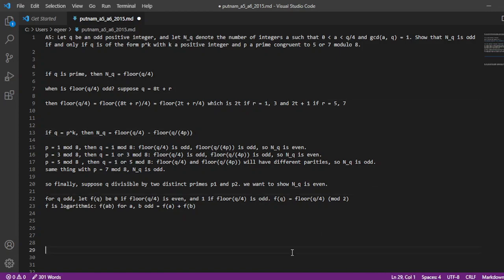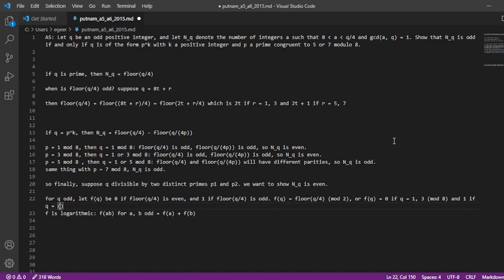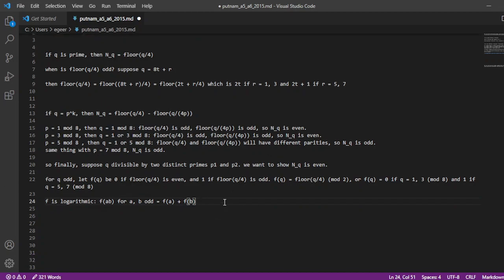And this basically comes from this explicit characterization, because F(Q) equals 0 if Q is 1 or 3 mod 8 and 1 if Q is 5 or 7 mod 8. And I think this F has this property, because you can imagine the multiplicative group modulo 8 as a Klein 4 group, and you can define this function as 1 on 5 and 7, and then extend it to the rest of the congruence classes. So I think we get a function with this property.